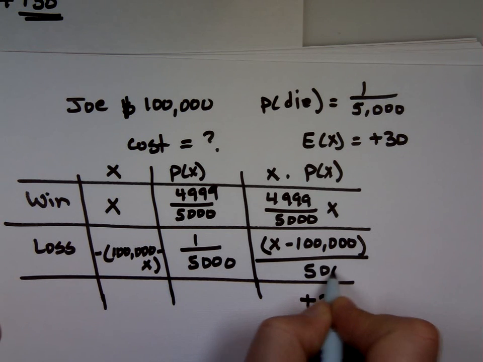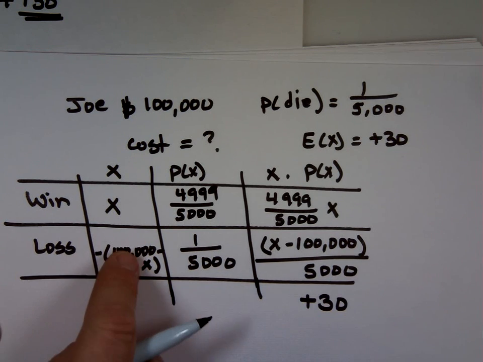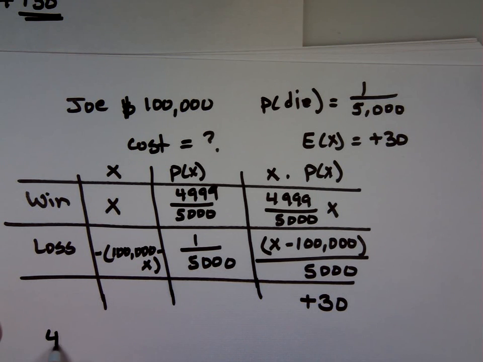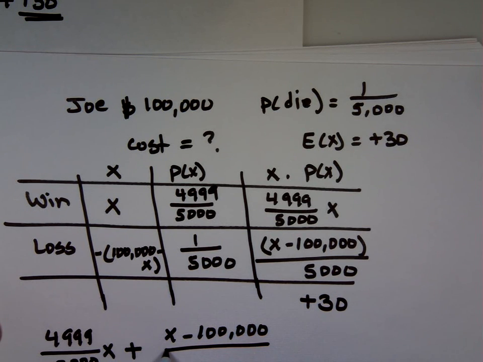The minus sign is going to make that a plus. When you add these two numbers, it should equal what? 30 bucks.